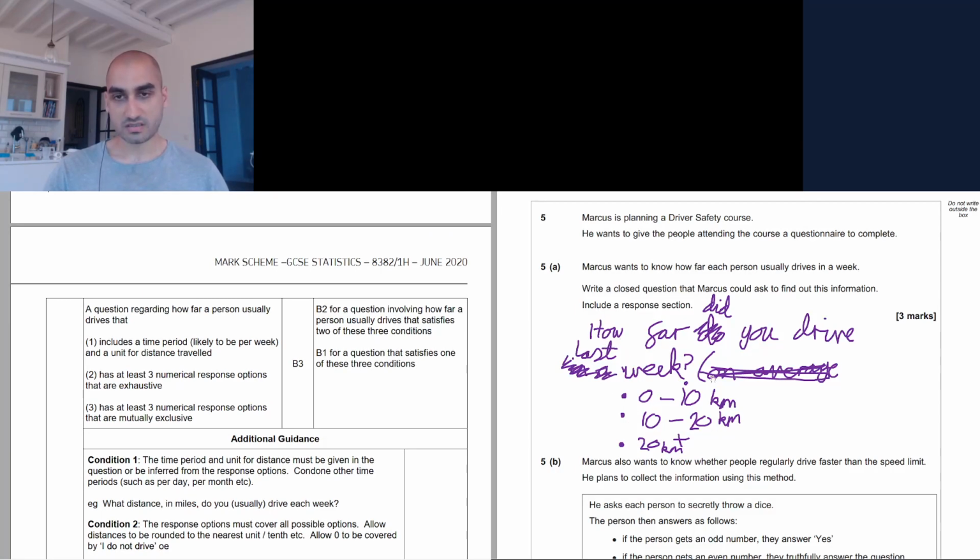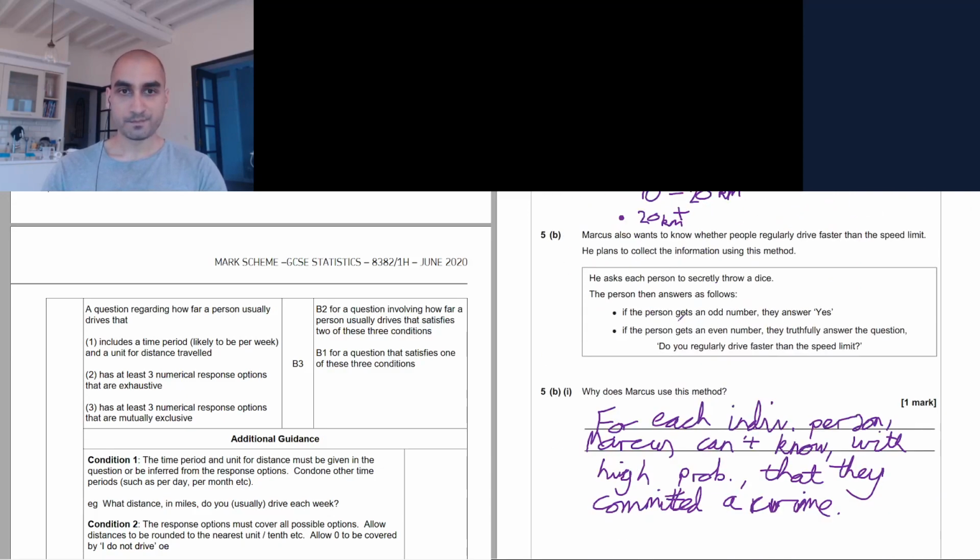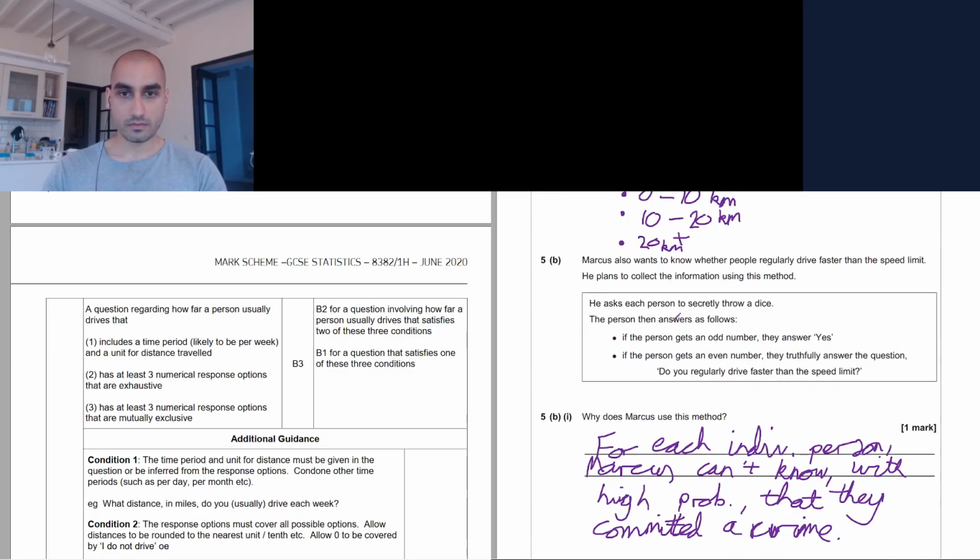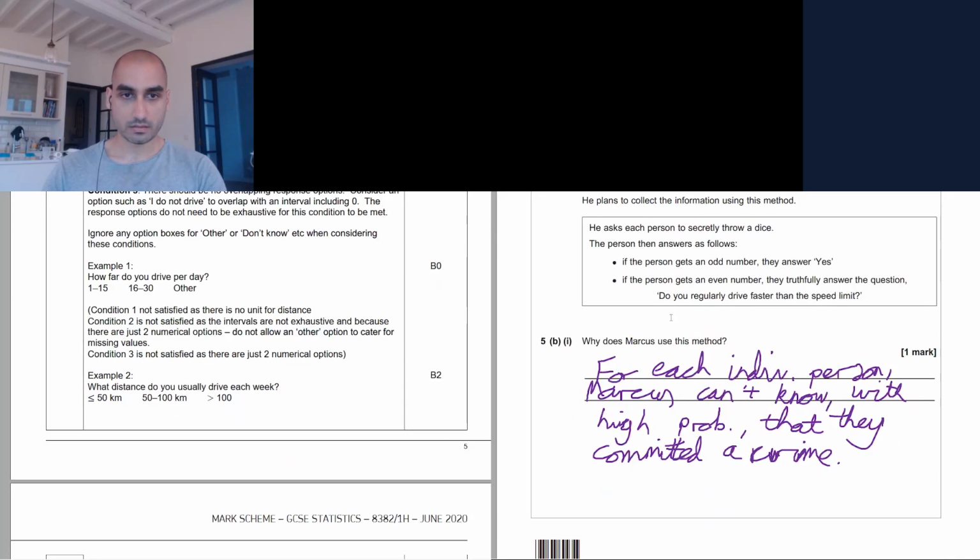But I got the others, so it doesn't really say what to do in this situation, so I think I shouldn't lose more than 1 mark really, because clearly my response options are good. I think that's fair. Okay.